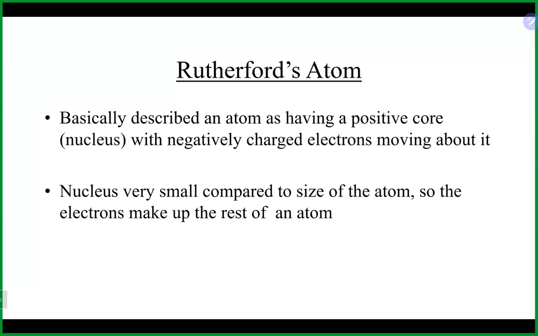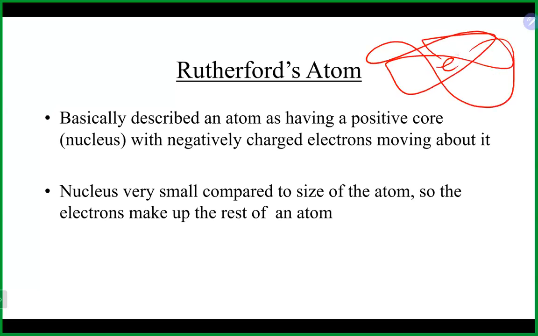They travel pretty randomly about the atom, around the nucleus, which is positively charged there in the middle. There is, as we will talk about, some attraction between the nucleus and the negatively charged electrons, as the nucleus is positively charged, and that gives some of these particles some of their properties that we think about.